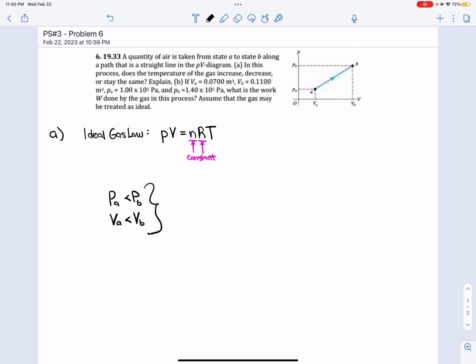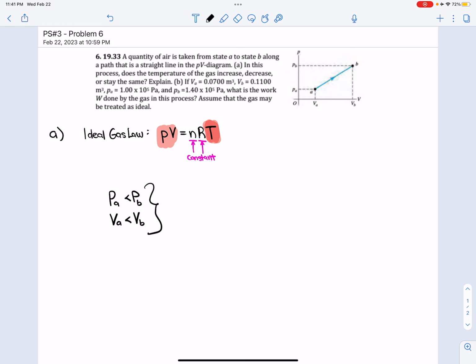So, as a result of that, if we look at the left side of the equation, our P times our V, which, because n and R are constants, is directly affecting the temperature on the right side of the equation.